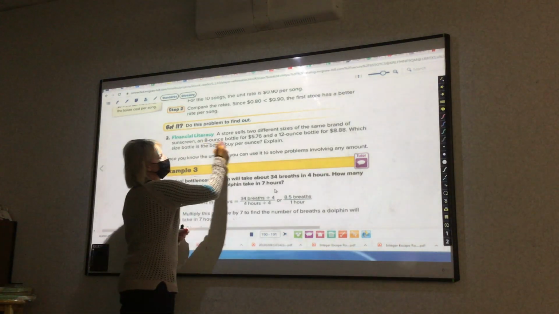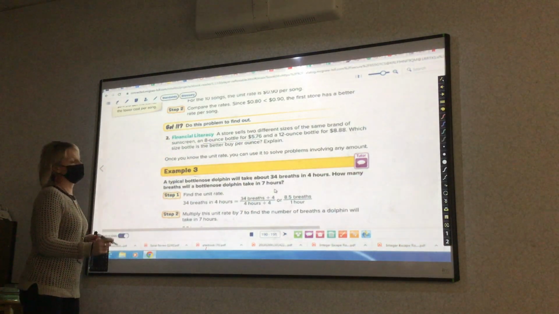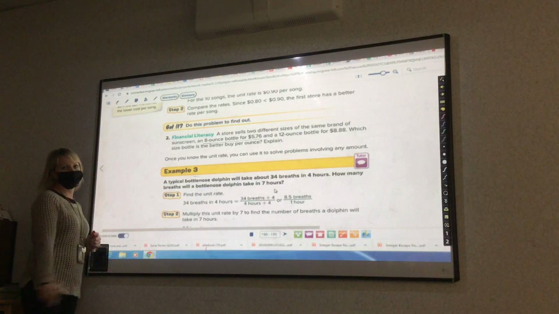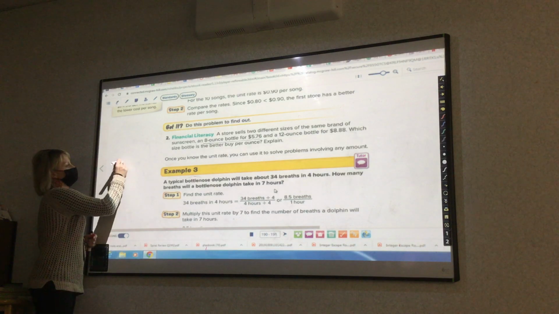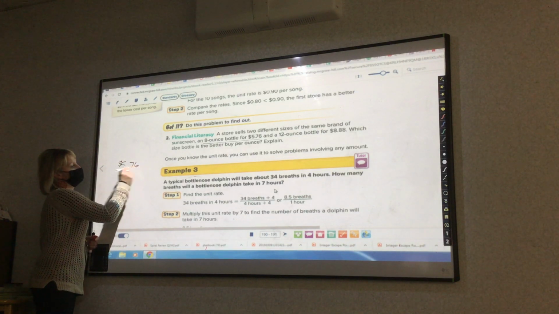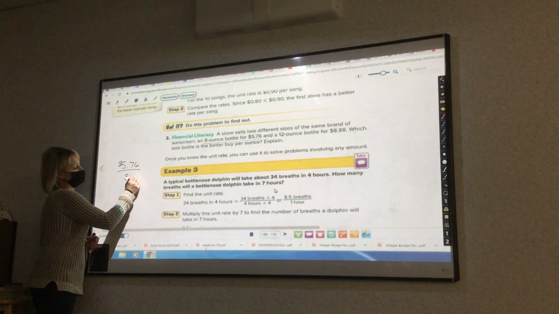It says 8 ounces for $5.76. So I put the 8 ounces on top. Yes or no? No. You should always do the $5.76 per 8 ounces.